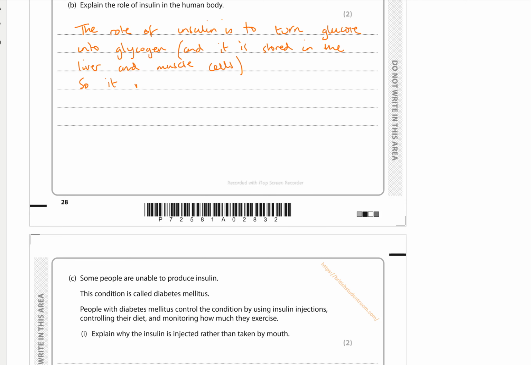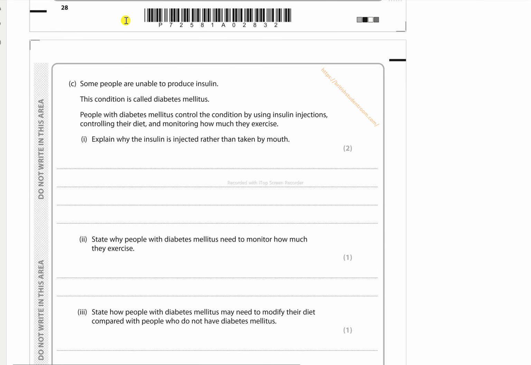So it reduces blood glucose levels, blood sugar levels. There you go.